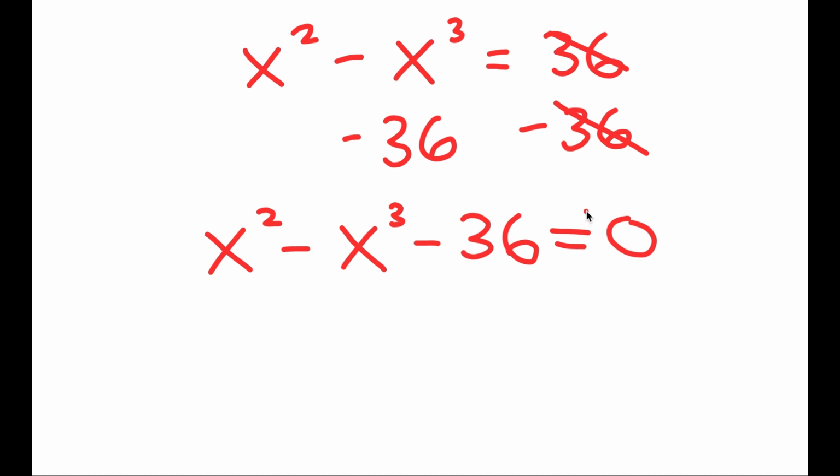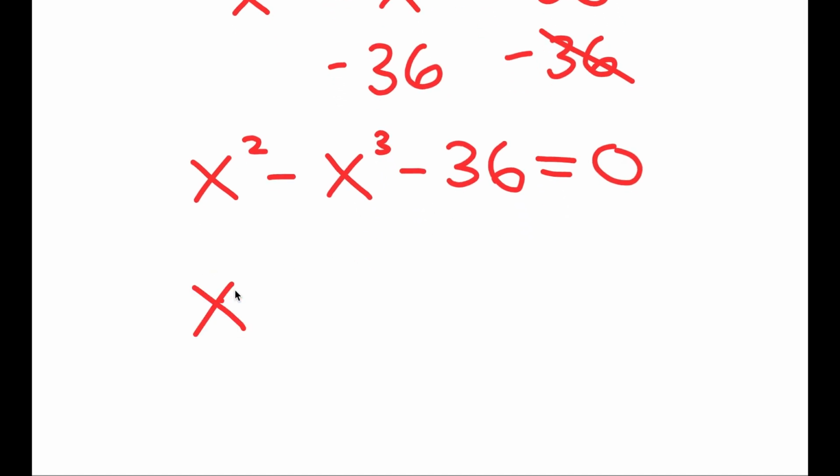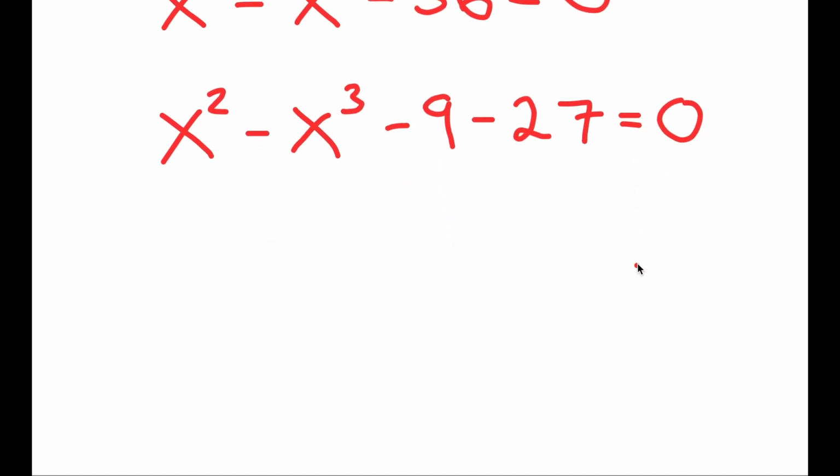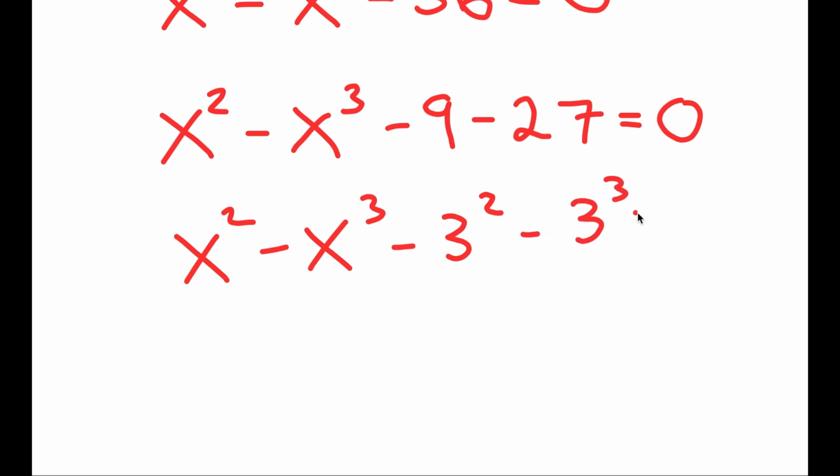Now from here, I can rewrite negative 36 as negative 9 minus 27. And now I'm going to rewrite negative 9 as negative 3 squared and negative 27 as negative 3 to the power of 3.